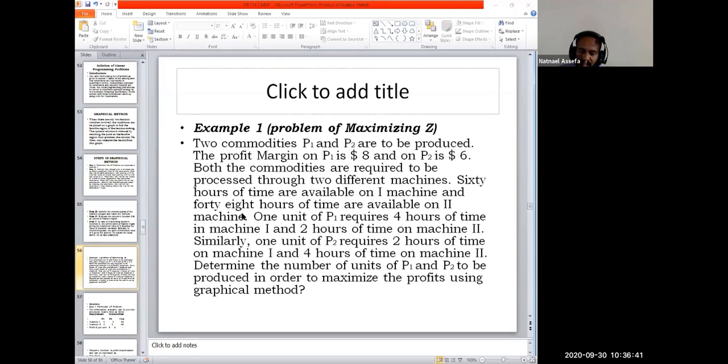Similarly, 1 unit of P2 requires 2 hours of time on machine 1 and 4 hours of time on machine 2. Determine the number of units of P1 and P2 to be produced in order to maximize the profit using the graphic method.